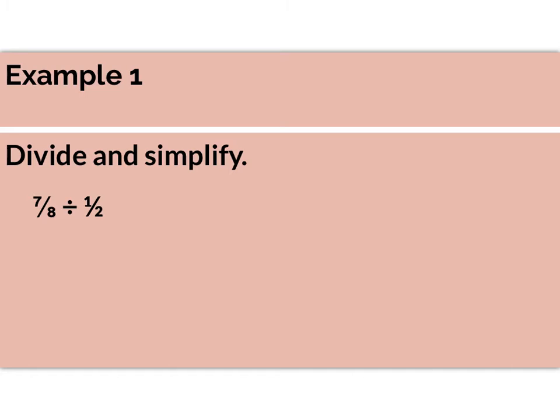Okay, so divide and simplify. And remember, we're still simplifying fractions down to the smallest number. So what do we have to do? We take 7/8 and divide it by 1/2.